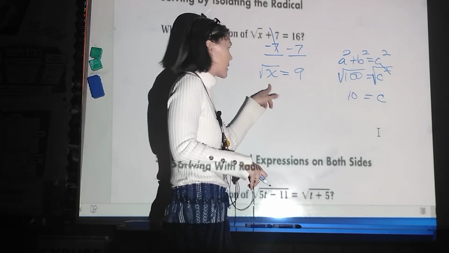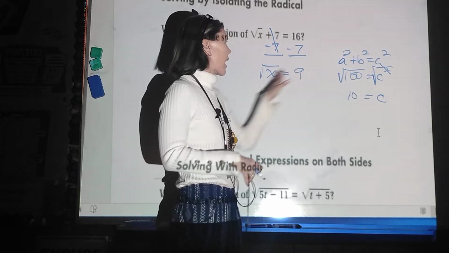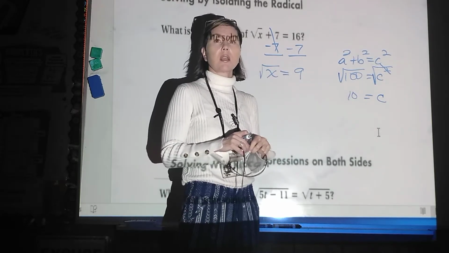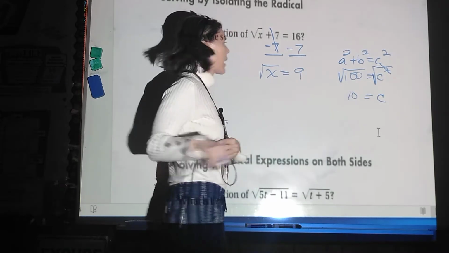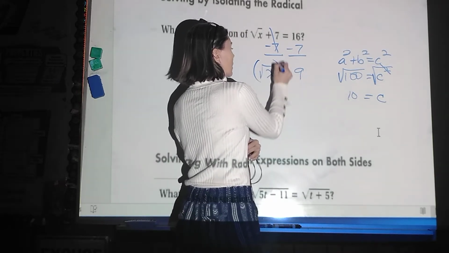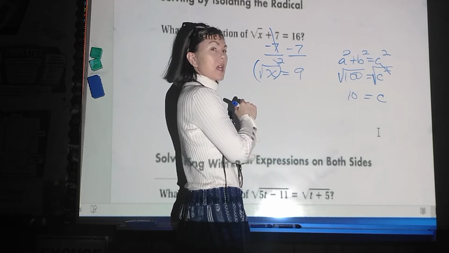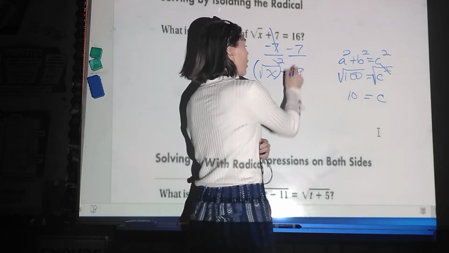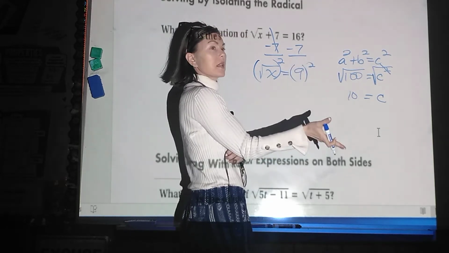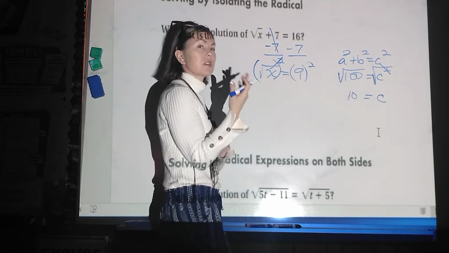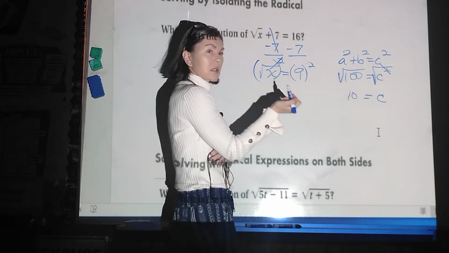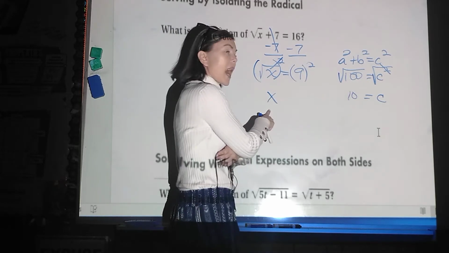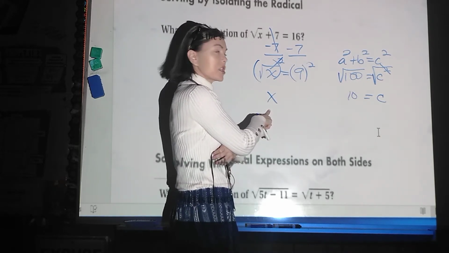By doing the opposite of what we were given, and we just got finished saying that the opposite of taking the square root of something is squaring it. But whatever we do to the left side of the equal sign, let's write this down. You're writing it as I'm writing it. You also have to do to the right. And what happens there? The squaring it cancels out the square root, the radical. Bring down what is inside, which is x.